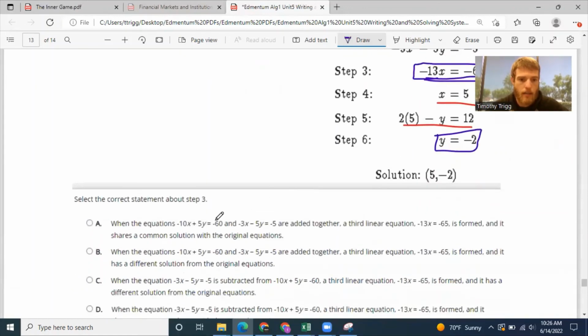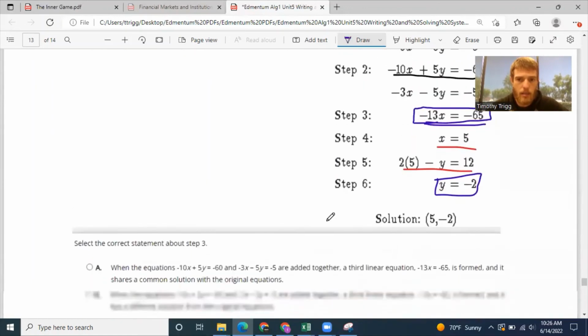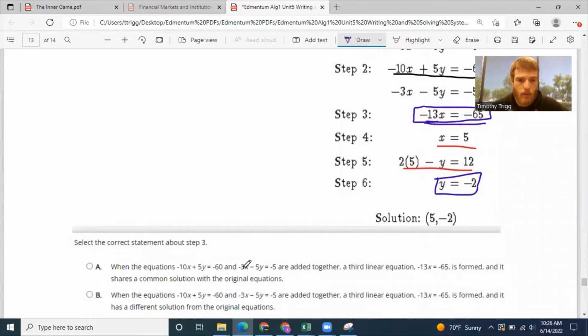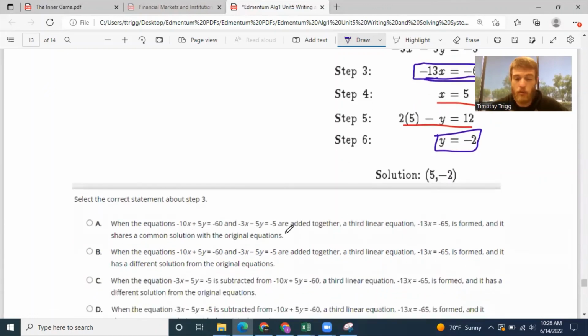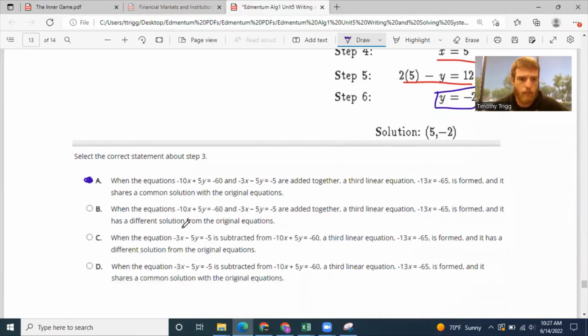When negative 10x plus 5y equals negative 60 is added to this, a third linear equation, negative 13x equals negative 65, is formed, and it shares a common solution with the original equations. That sounds correct, but let's go ahead and read the rest to make sure.